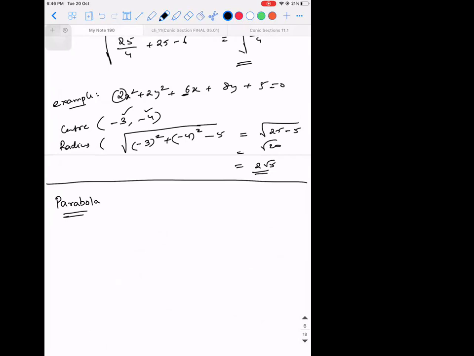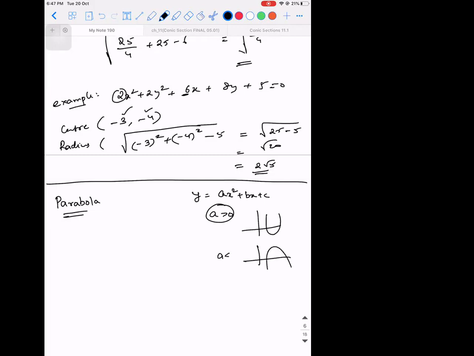So this term parabola is not new to you guys, right? You have already heard this term. Last year, when you had the second degree equation y is equal to ax square plus bx plus c, you would have already learned this. If a is greater than 0, then you will have a U-shaped parabola like this.